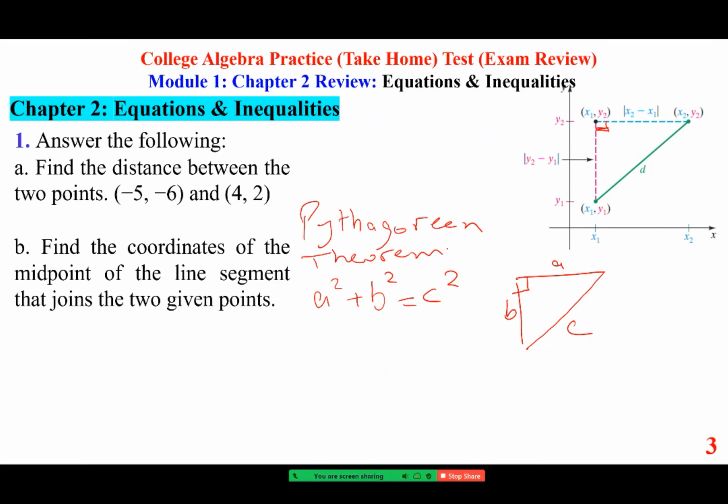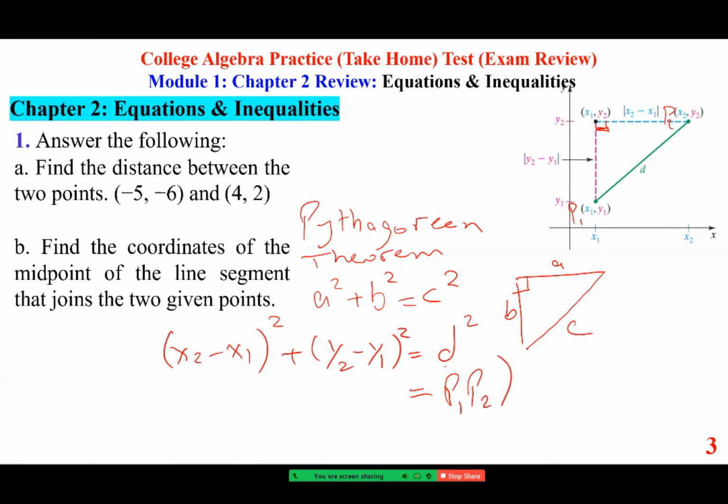So if that is the case, and that's the distance squared, or if we call this p sub 1, this one p sub 2, this is the distance between p sub 1 and p sub 2 squared. So the distance is the square root of that. Just to refresh your memory as far as how we get to the distance. Therefore, we have this formula, and let me clean up the mess.